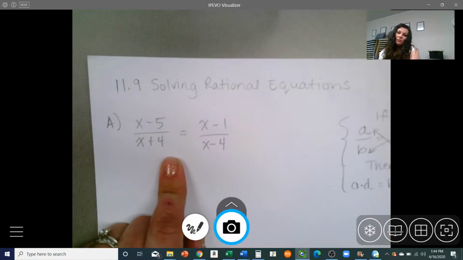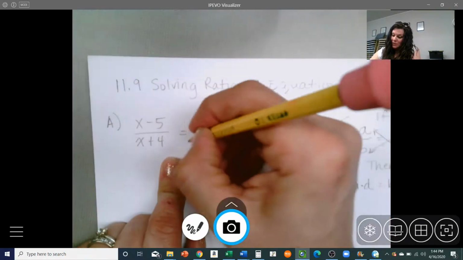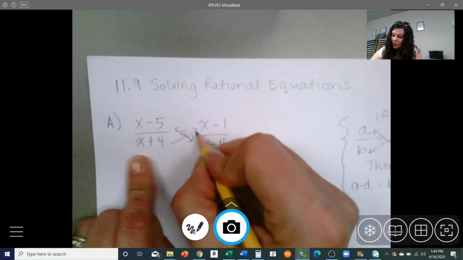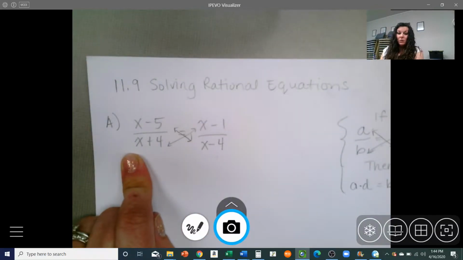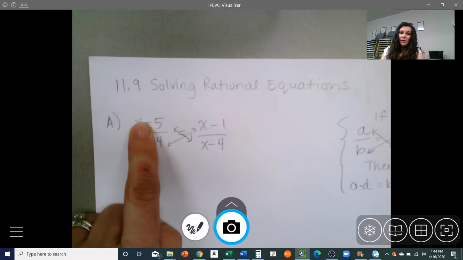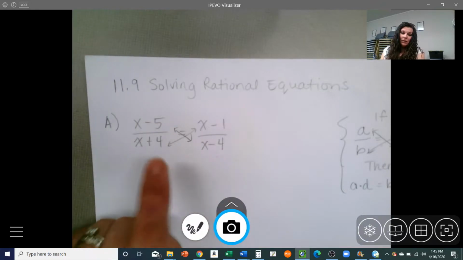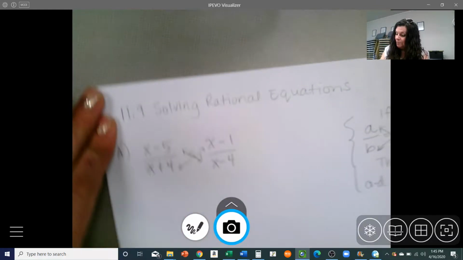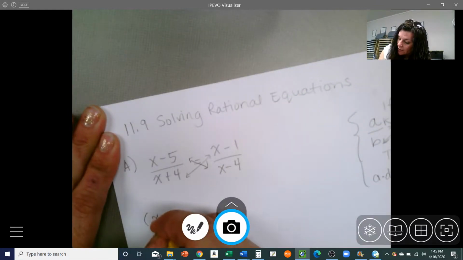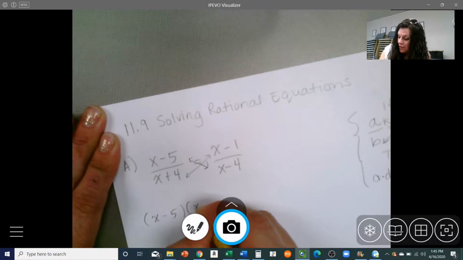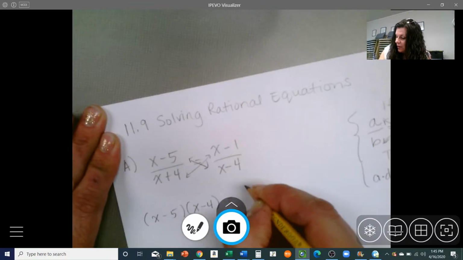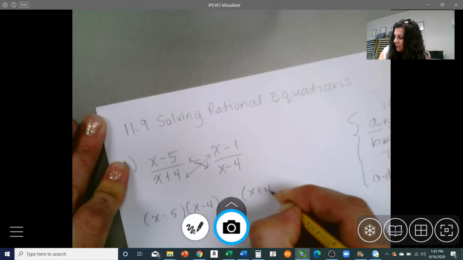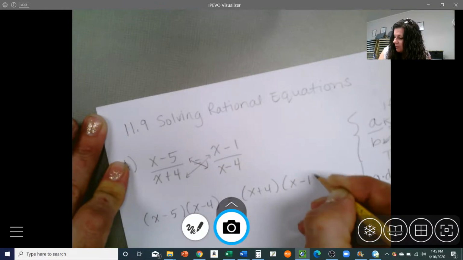So when you have an equation like this, that's exactly what we're going to do, multiply to do the cross products. We're going to multiply the top left by the bottom right, and the bottom left by the top right. So I have x minus 5 times x minus 4 equals x plus 4 times x minus 1.